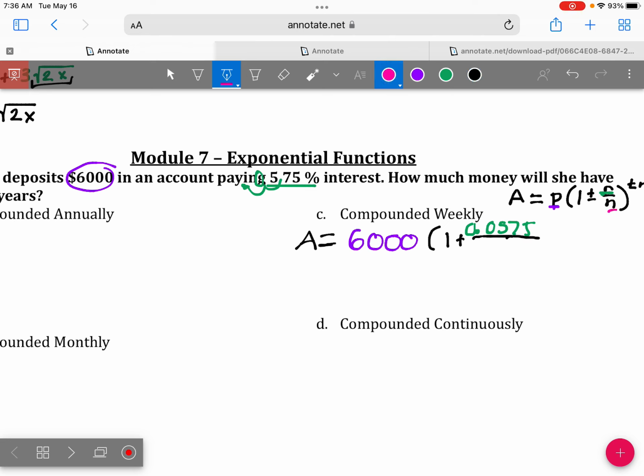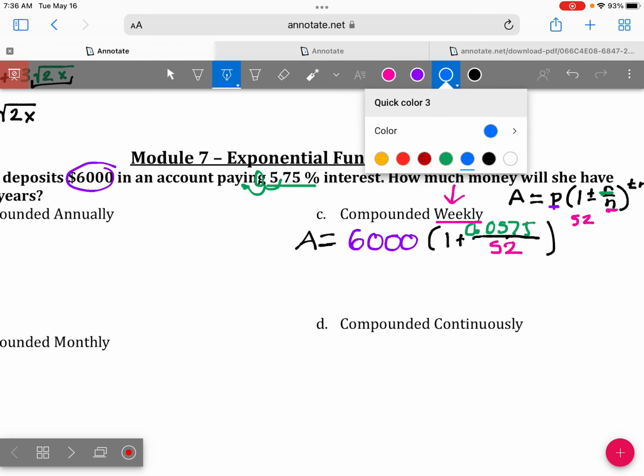And then the N is the compounding factor. How many of these in a year? So how many weeks in a year? And remember how many weeks in a year? 52. So our N is 52, which means when I close my parentheses, I can put that up here in my exponent too. We've got 52.